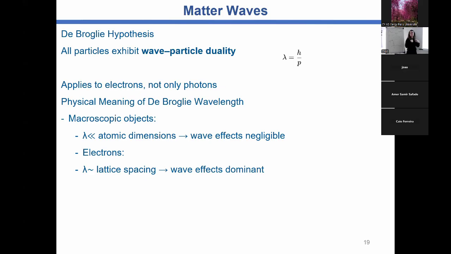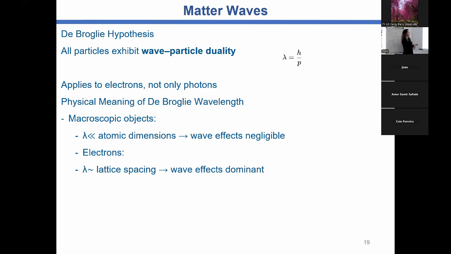So if our wave, for example, has the same distance as the atoms of the wall, it would have some interaction, but we don't, so we cannot see any effect when we interact with the wall, just as a particle, not as a wave.